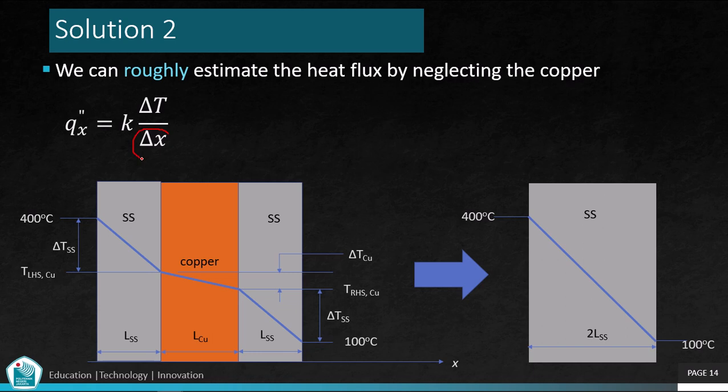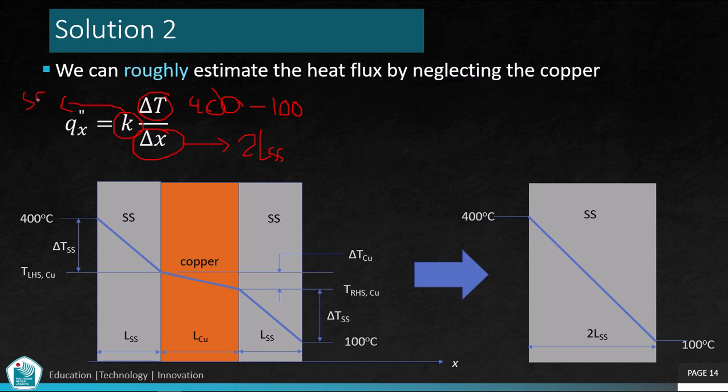So the delta X for the rough estimate will be 2L_SS, and the delta T will be 400 minus 100, and the K itself belongs only to stainless steel.